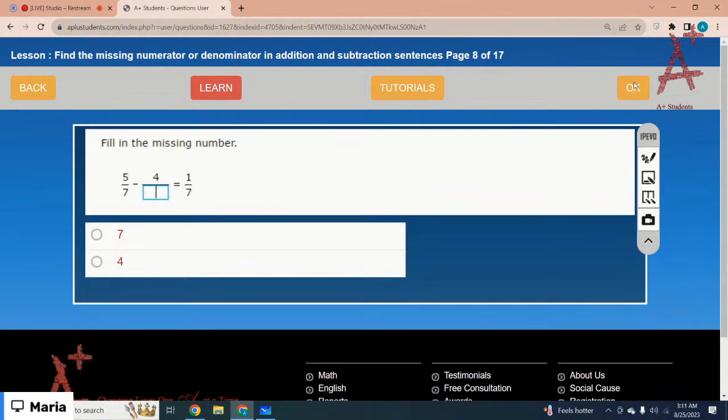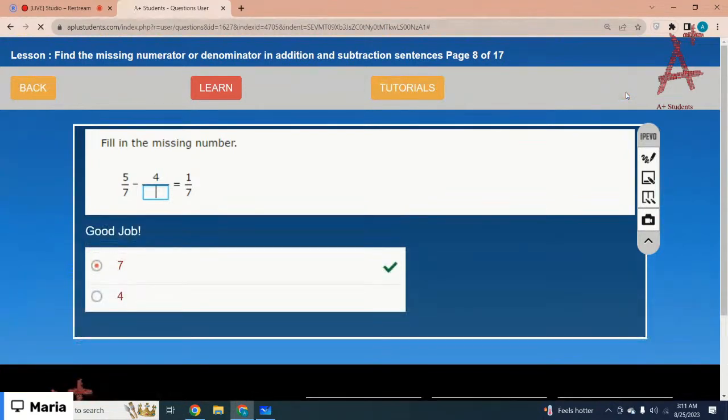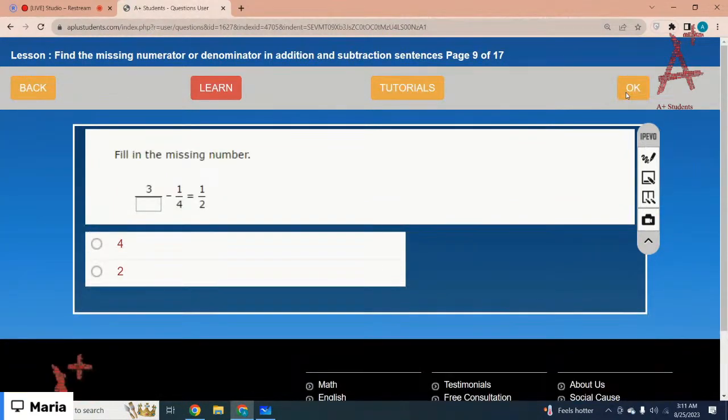That means the missing denominator is 7, right? Because here you have 1, that means 5 minus 4 is 1. That means the denominator must be 7 because you simply subtracted their numerators, and you can simply subtract the numerators in the case they have the same denominators, right?